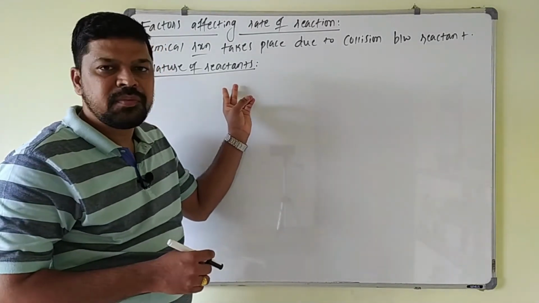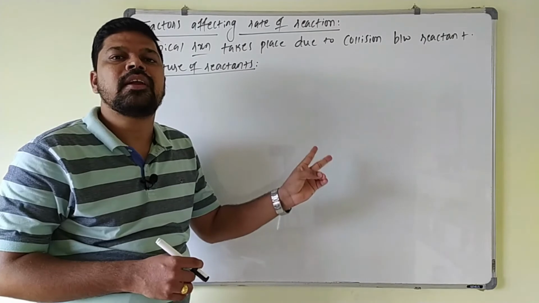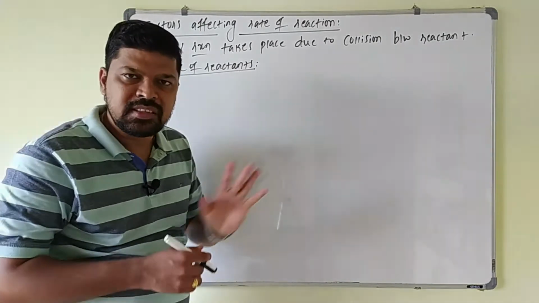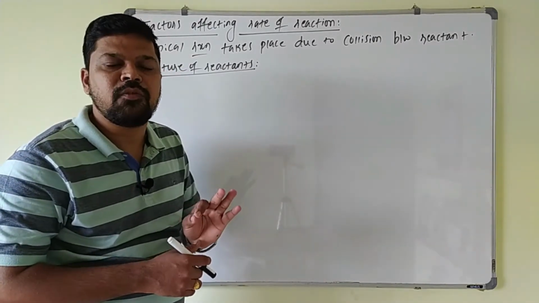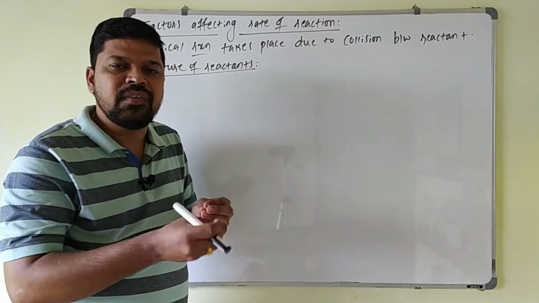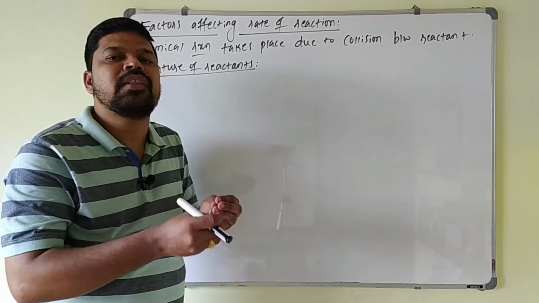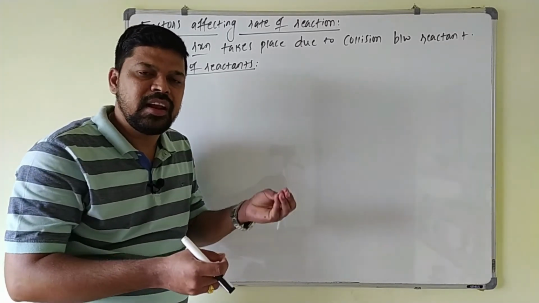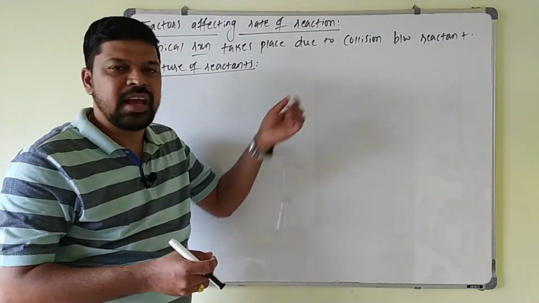What is the reason here? For the collision, the free intermixing of reactants is very necessary, which happens only in the case of gases and liquids. They easily intermix and undergo collision, and the collision between them is effective, so the reaction rate will be maximum for gases and liquids.